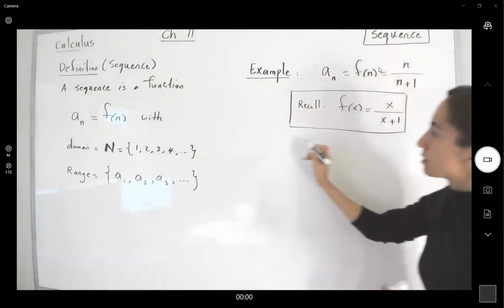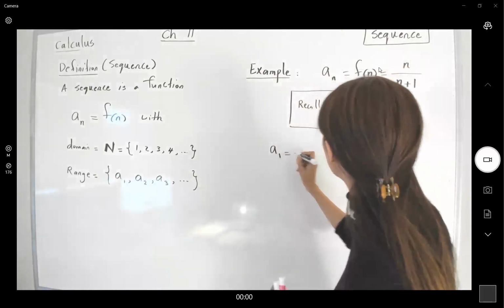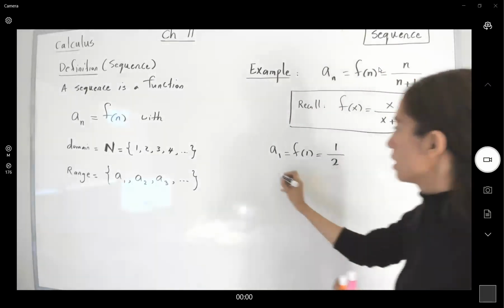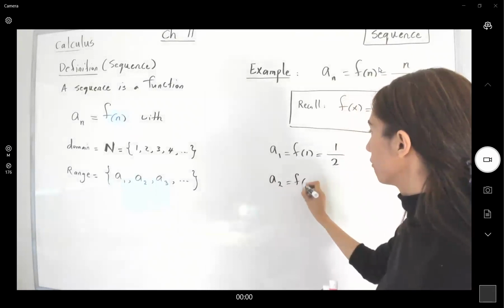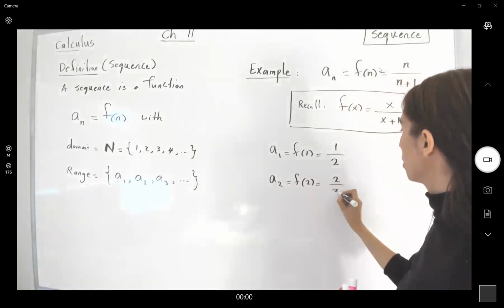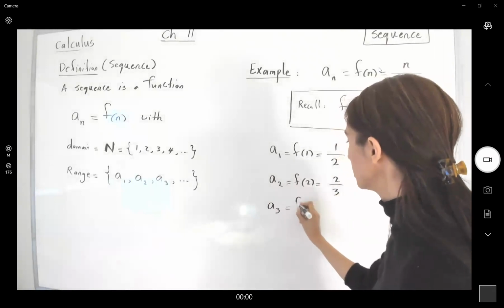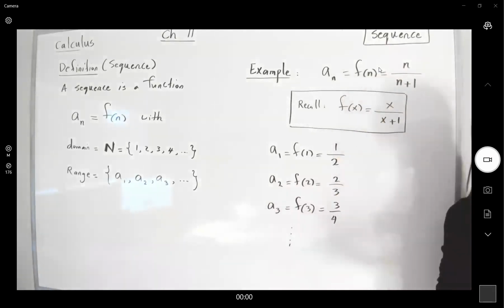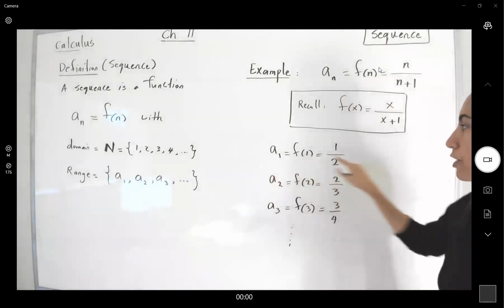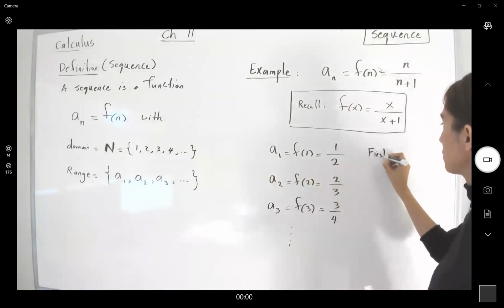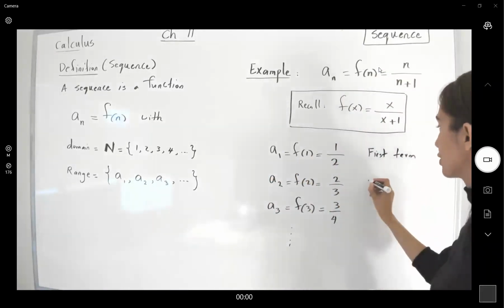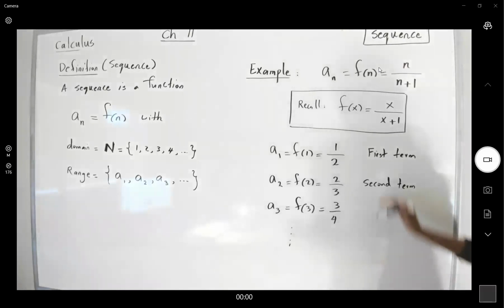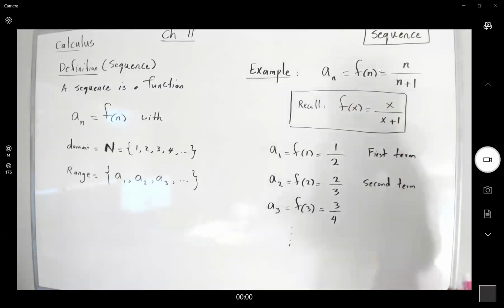It means that a sub 1 is equal to f of 1. By substitution, we get 1 divided by 2. A sub 2, or f of 2, is equal to 2 divided by 3. A sub 3 is f of 3, which is equal to 3 divided by 4, and so on for the rest of the terms. This is your first term, this is your second term, the third term, and we call this the general term of the sequence.